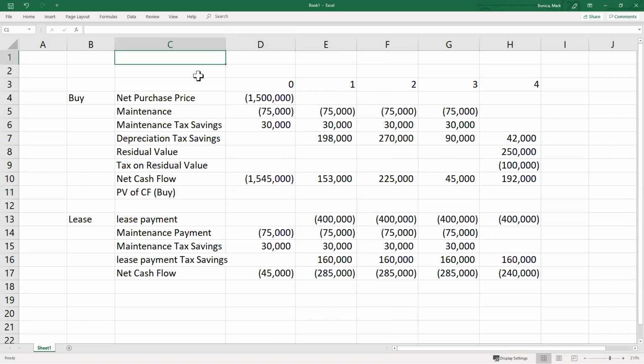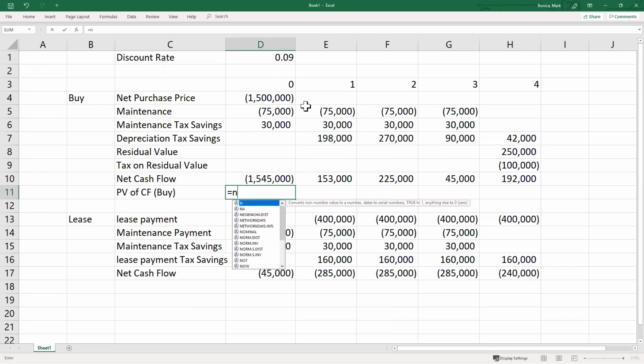The appropriate discount rate is going to be equal to one minus the tax rate, in this case 40%, times the bank loan rate, which would be 15%. So the appropriate discount rate is 9%. All right, so let me get back to that now.